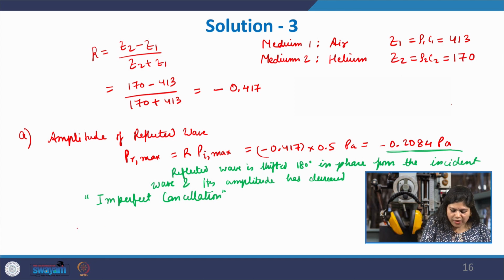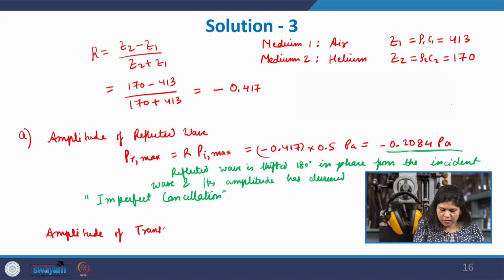In the same way, the amplitude of the transmitted wave Pt max is T times Pi max.